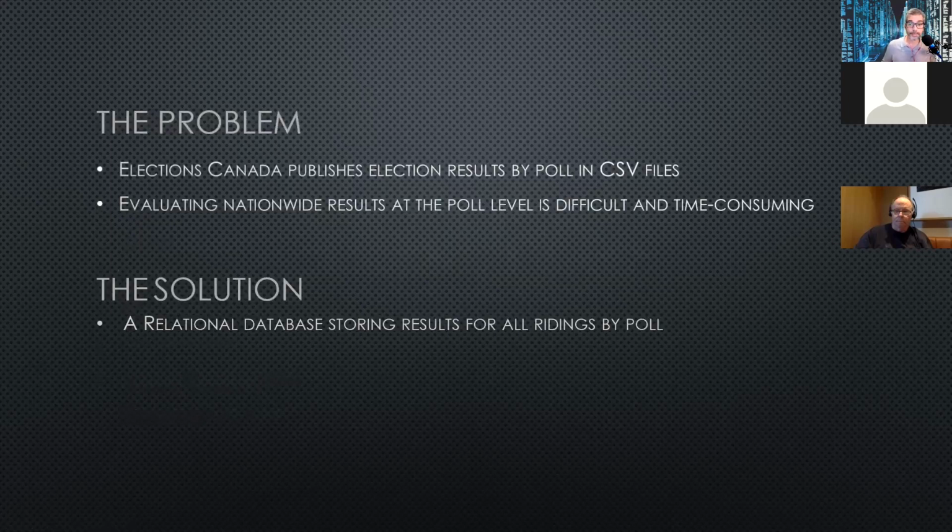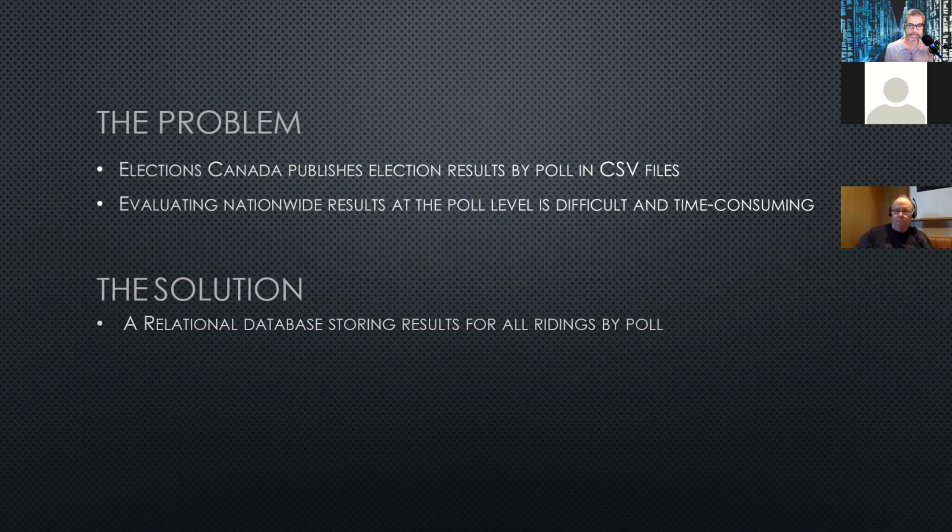Okay, so the basic problem that we're trying to solve here is managing to evaluate election data across Canada at the granularity of the poll. Elections Canada produces a wealth of data on election results in this country. Usually about 5 to 6 months after a general election, they will release poll by poll data.